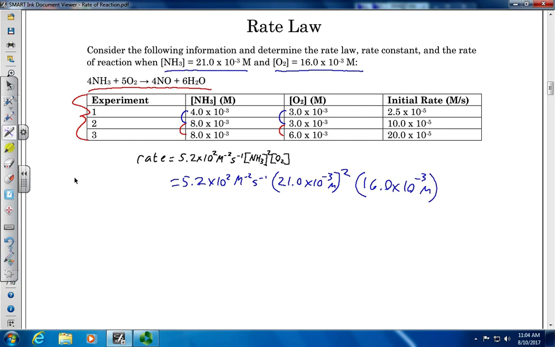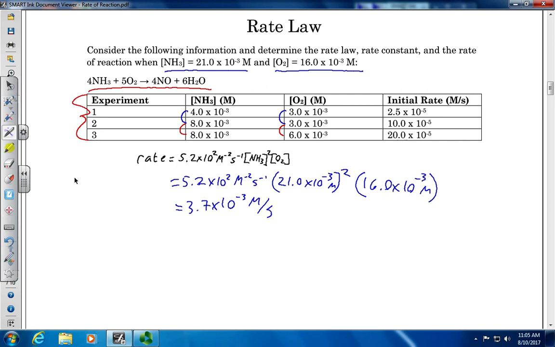And if you do that out, you'll find that you end up having a unit of molars per second and a value of 3.7 times 10 to the minus 3.